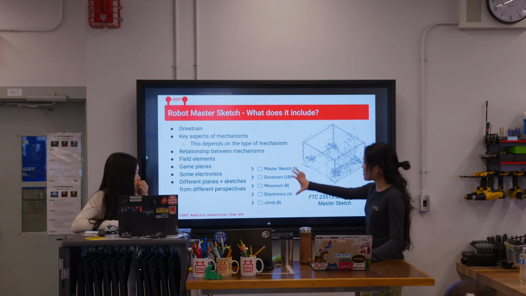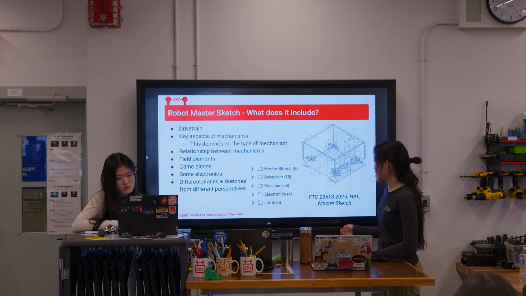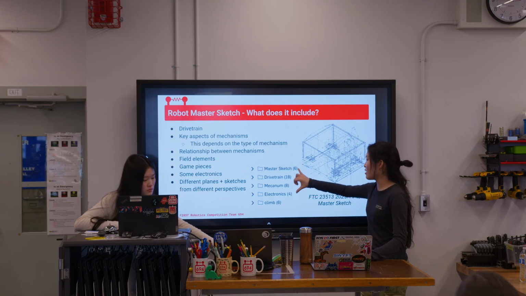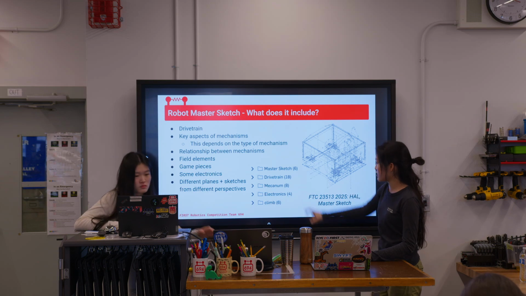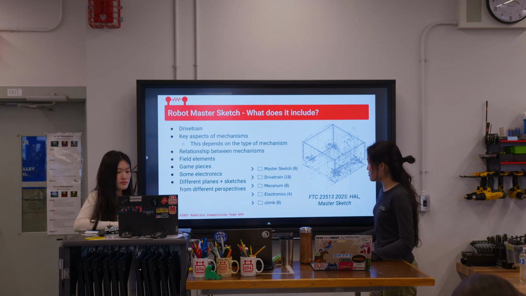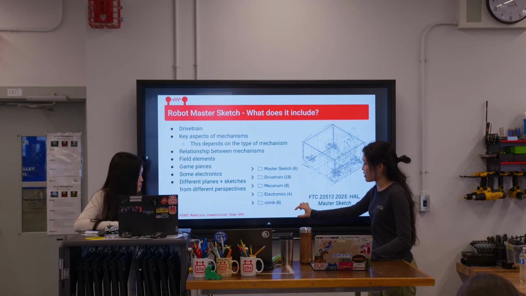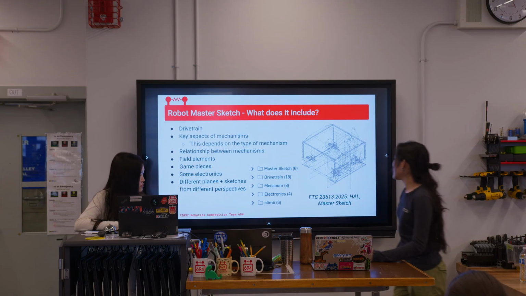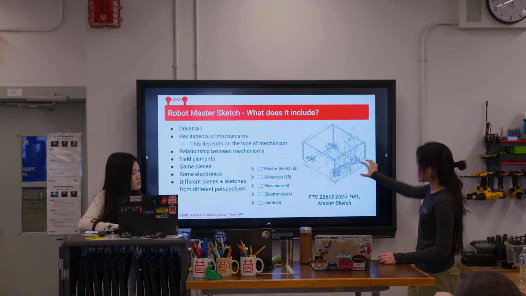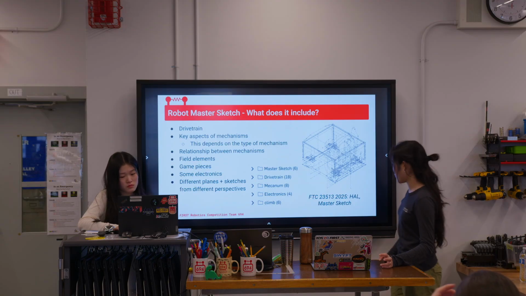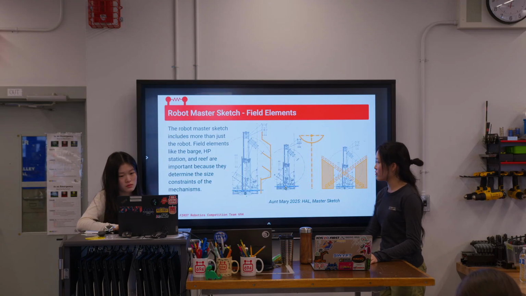Within the Onshape part studio for the master sketch, they're divided into folders for the different mechanisms. Some of them are the main sketches, and some are divided between the different mechanisms. And this is just one example, for the FTC robot for this year.